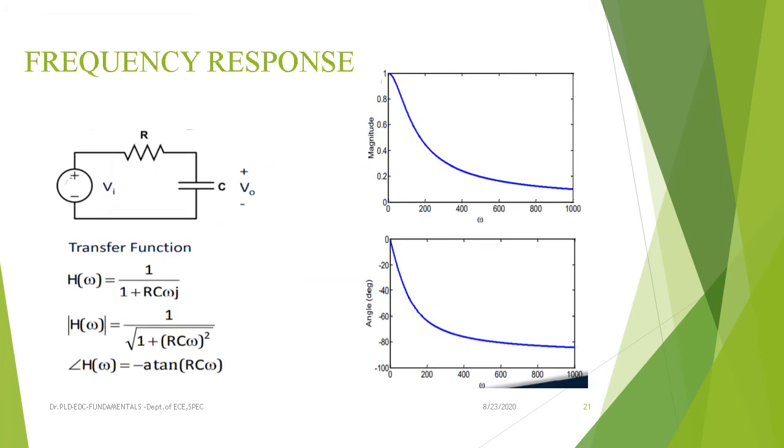So for the frequency response in general, for the last evaluated transfer function of the circuit diagram, taking the drop across the capacitor, H(omega) equals 1 by 1 plus j omega RC. Now evaluate the magnitude and the angle of this transfer function.